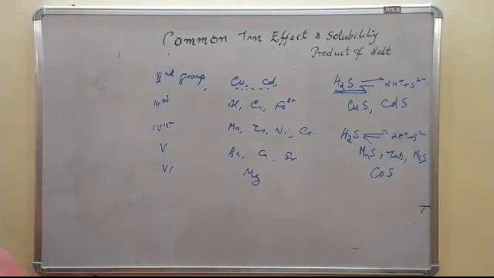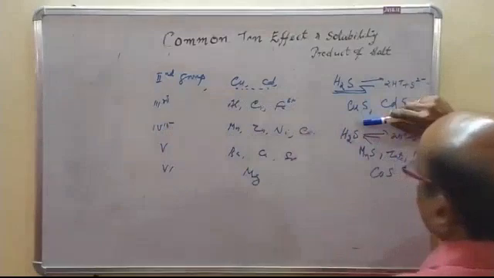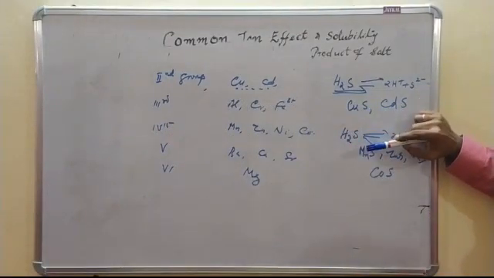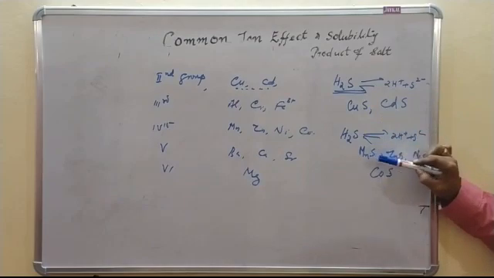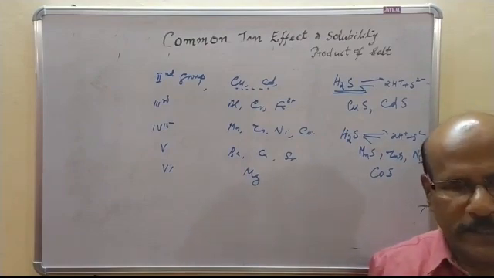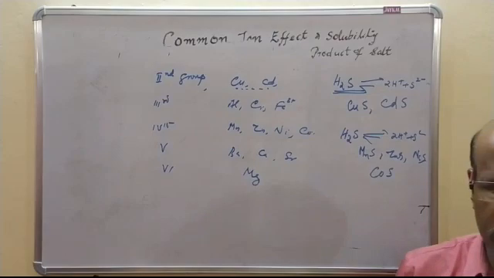That is a fact to remember. The second group metal sulfides have low Ksp values, while the fourth group metal sulfides have high Ksp values. This fact is to be made use of while doing the precipitation by passing hydrogen sulfide.